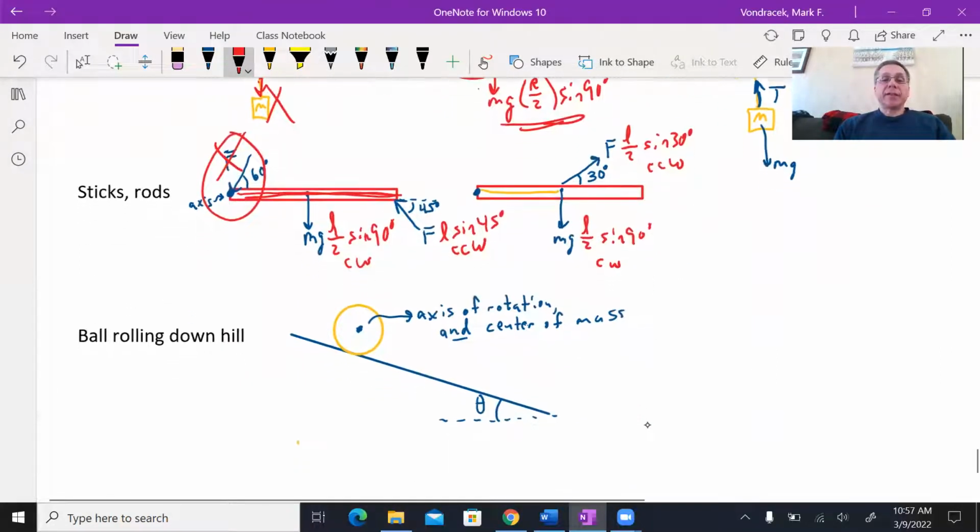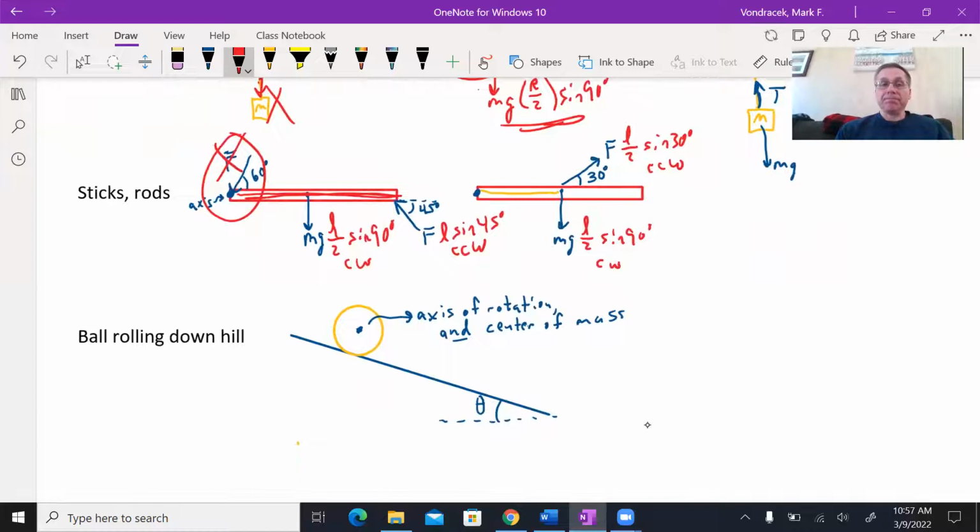Last but not least is if you put a ball on a hill. Now the two forces we know we're always going to have on a hill would be normal force and gravity. And gravity acts at the center of mass of objects. But for round things, if you let a ball roll, the axis of rotation is also right at the center of the ball.